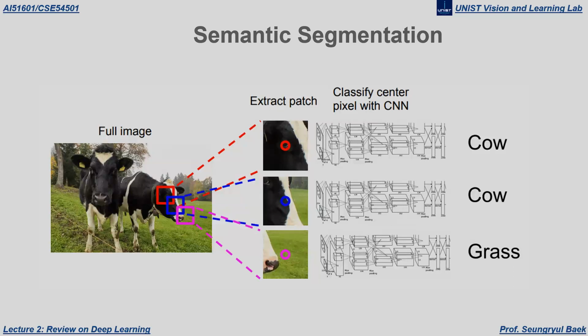So there are around 320,000 pixels in one image, which means we have to apply the CNN that many times, and it may take half a day to obtain the semantic segmentation map from an image. In that case, I think it's better to label the images manually, right?